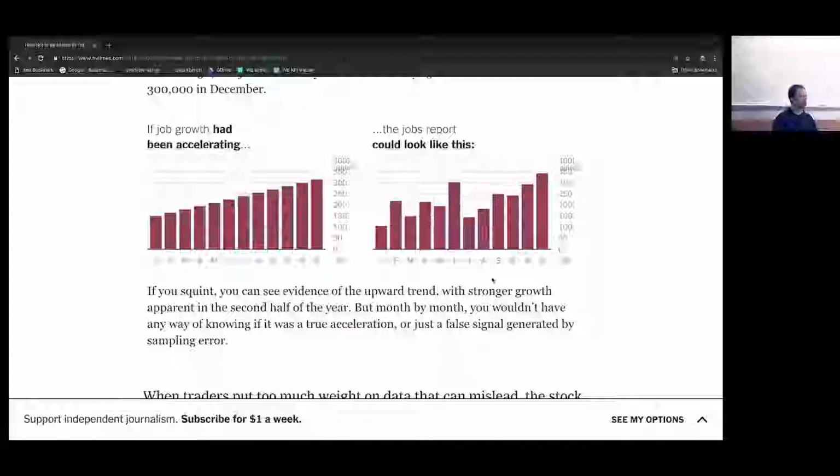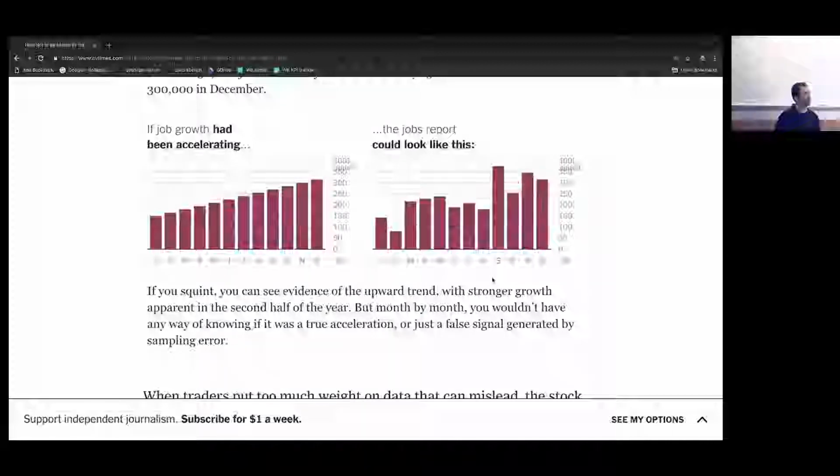So almost every article that is written about the jobs rate, almost every article that said it fell by 50,000 and analysts sold off stocks as a result, almost all of them are probably wrong because you're well inside the noise.